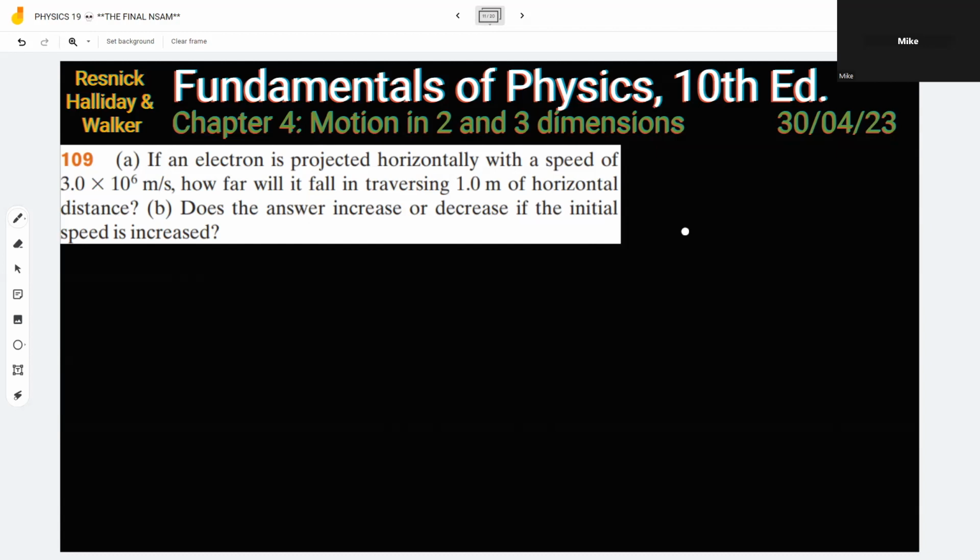Okay. Pwedeng pa-share ng screen. Parang wala lumalabas sa screen ko eh.